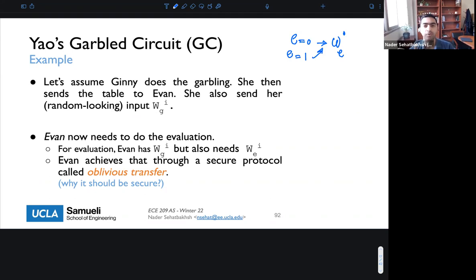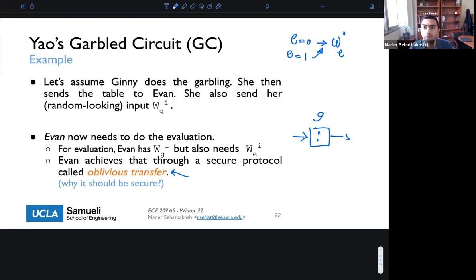So we need some sort of weird transfer, which we call oblivious transfer, where during this process Eve gets only one label out of the two labels, but Genie does not understand which of these labels has been selected, right?